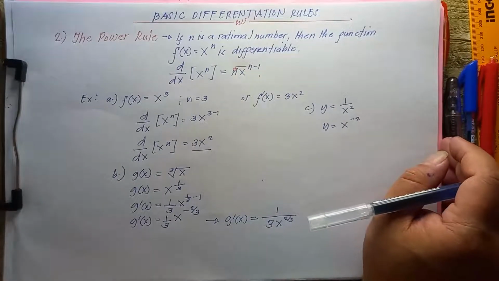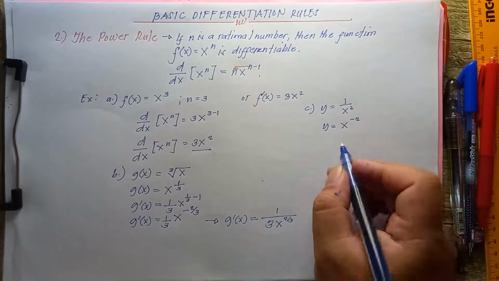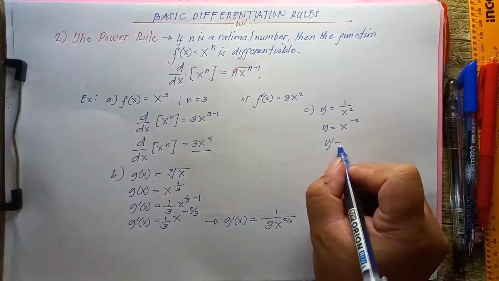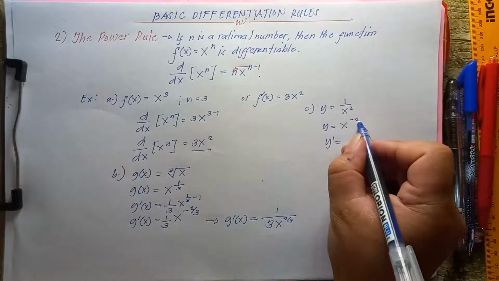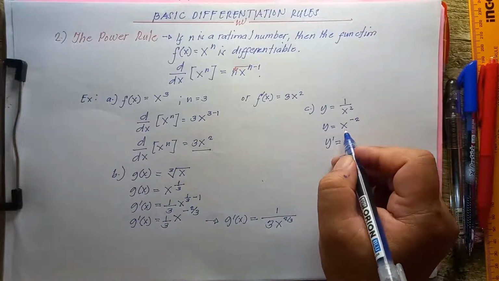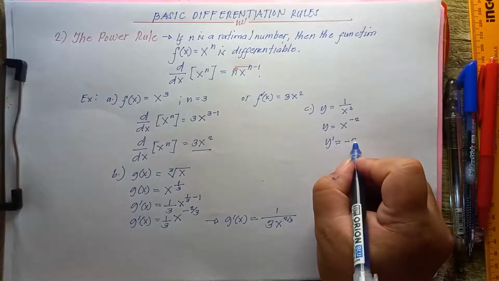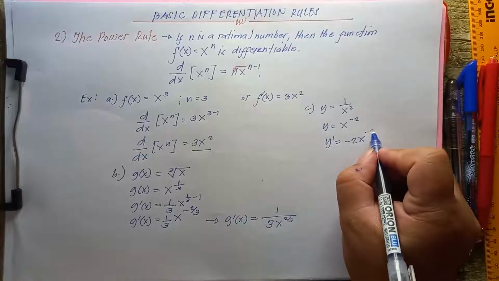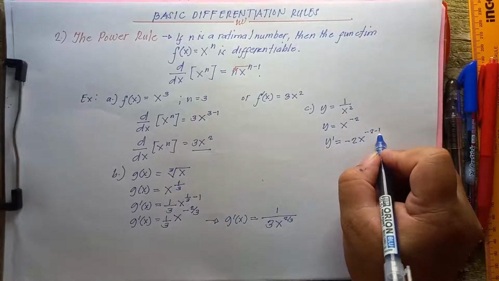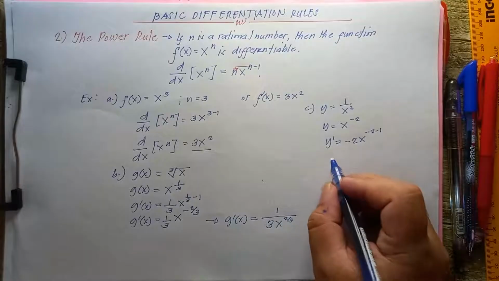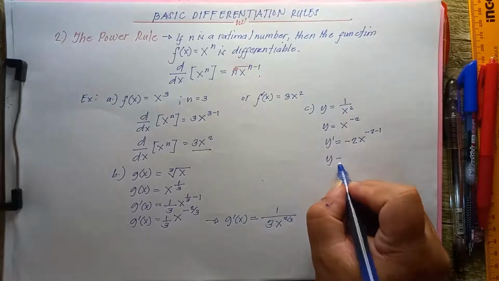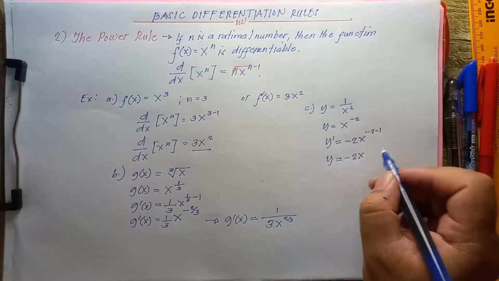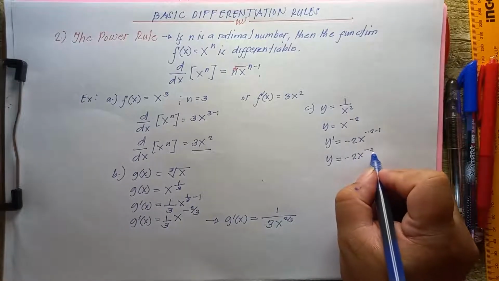Again, y prime is equal to, bring down this one as your numerical coefficient, so we have negative 2x, and the exponent is negative 2 minus 1. Now, what is the final answer? Our final answer would be negative 2x raised to negative 3.